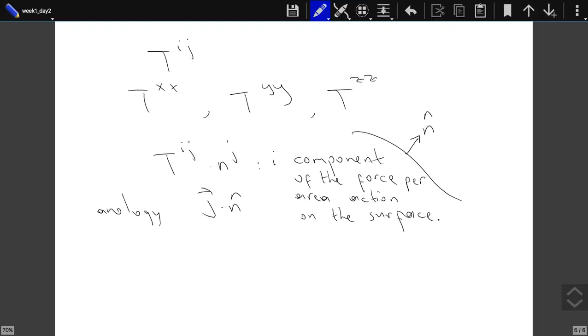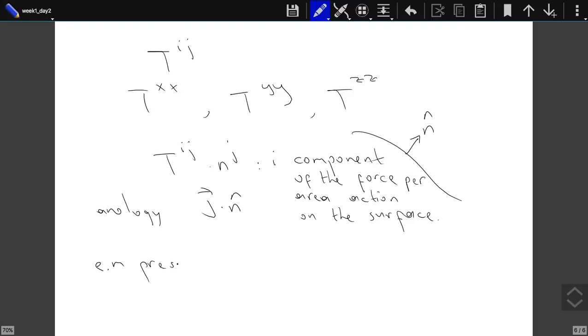I want to identify the pressure also. The pressure is not the force per unit area. It's the perpendicular component of the force per unit area. That is what we call the pressure. So since this is the total force, the force need not be perpendicular to my surface. If I take the perpendicular component, that will be the pressure.